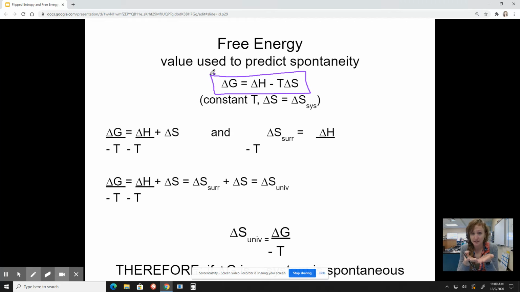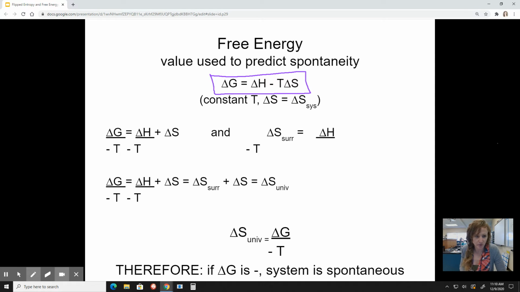We can relate them in an equation, and that equation is going to show us the two signs for entropy of the universe and free energy, and how both of those signs point towards spontaneity. So stay with me. We're going to derive this equation that you see at the bottom of your screen, and I want to show you how we get there.